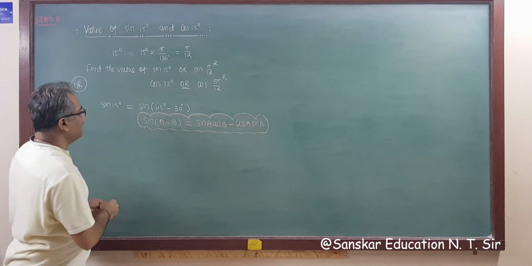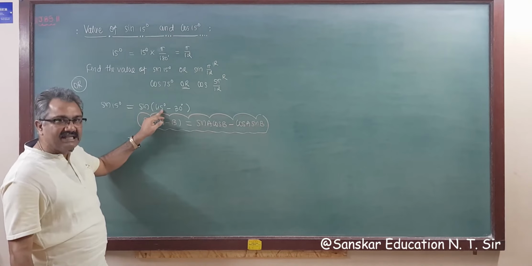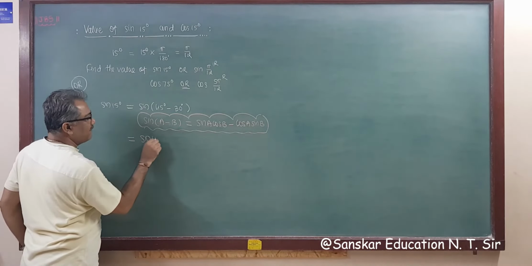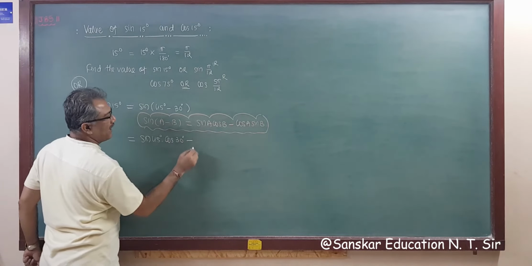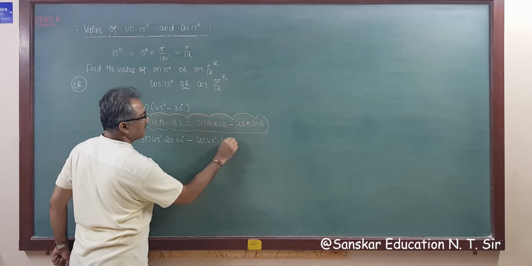Right? So applying this formula, the answer will be sine A is 45 and B is 30. So the answer is sine 45 degree cos 30 degree minus cos 45 degree sine 30 degree.